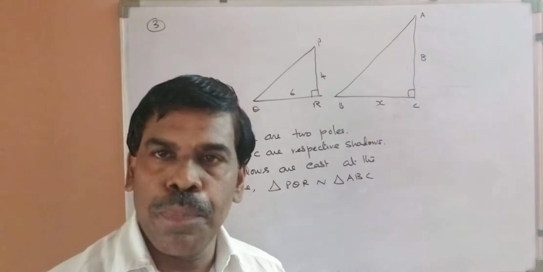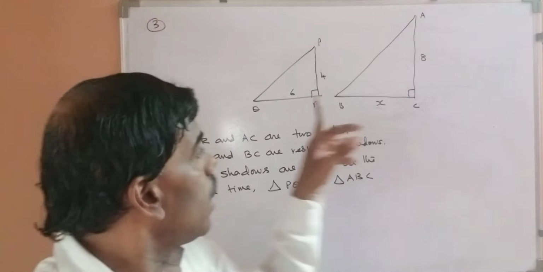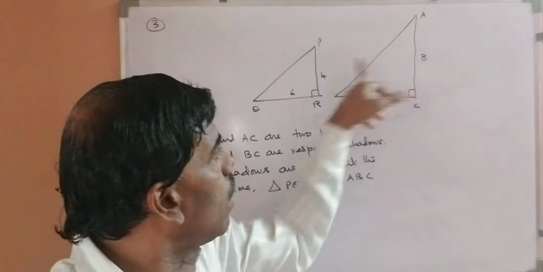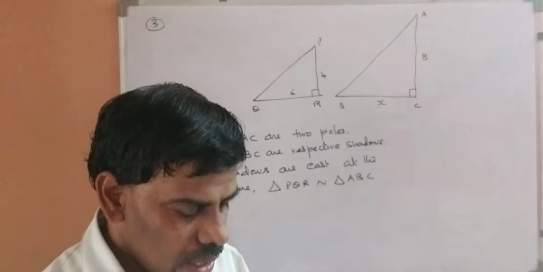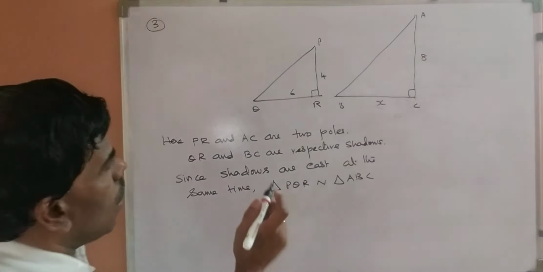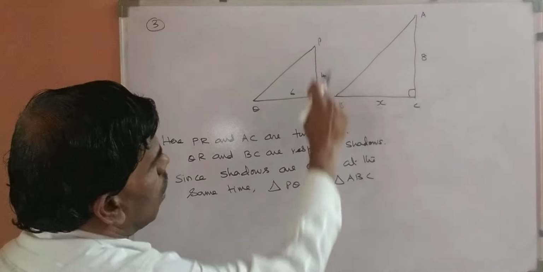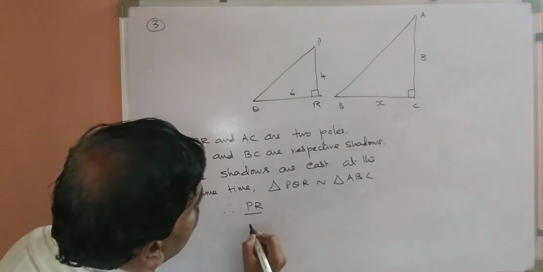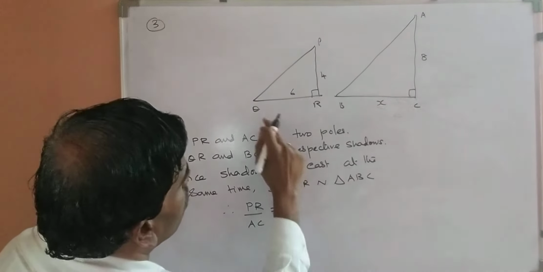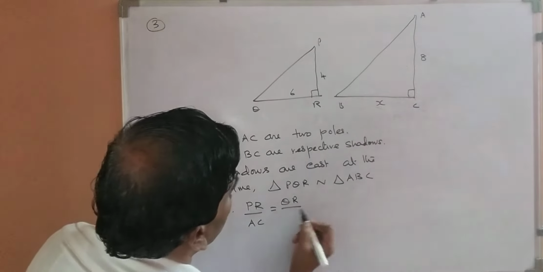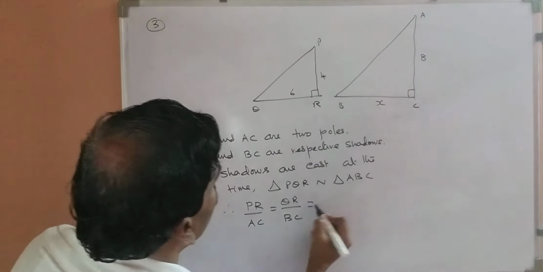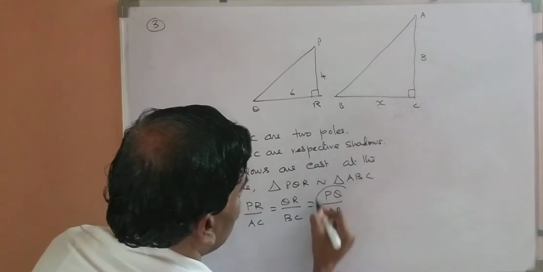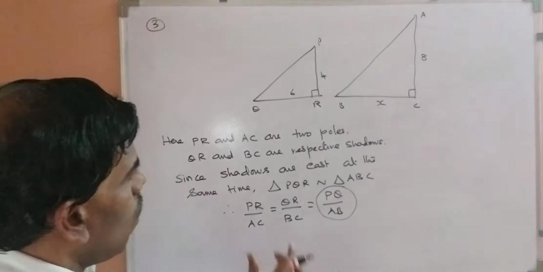If you take poles and all, and the shadows are cast at the same time, then this triangle and this triangle will always be similar. Similar means what? Therefore, PR upon AC equal to QR upon BC equal to PQ upon AB. But this we don't want. We want these two only.